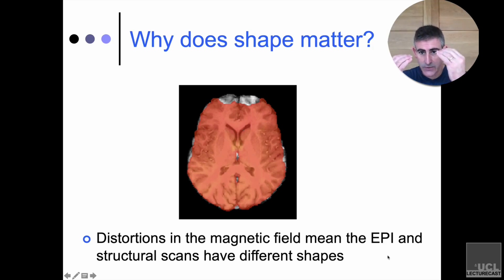And that tissue signal has been pushed back in the EPI, but not in the structural image, which means that overall the shapes are very similar, but they're not identical. There is literally a shape difference in the data that was acquired from the same person at the same scanning session, depending on the modality of the acquisition.